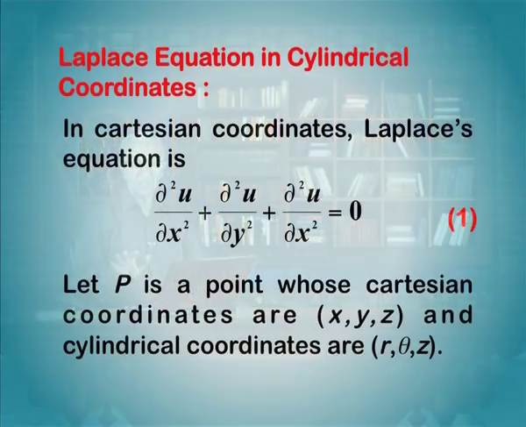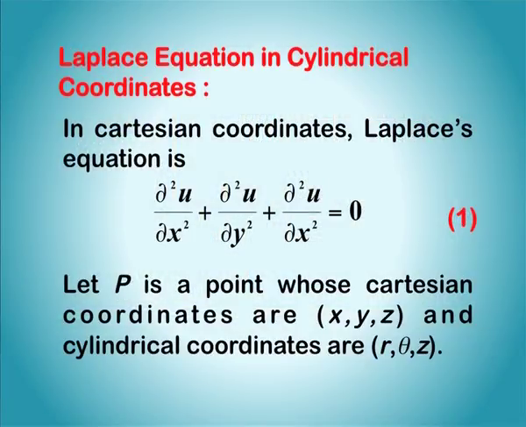If it is 2-dimensional Cartesian, we write d2u/dx square plus d2u/dy square is equal to 0. If it is 3-dimensional Cartesian, we write d2u/dx square plus d2u/dy square plus d2u/dz square is equal to 0, which in Cartesian coordinates is Laplace's equation represented by equation 1.